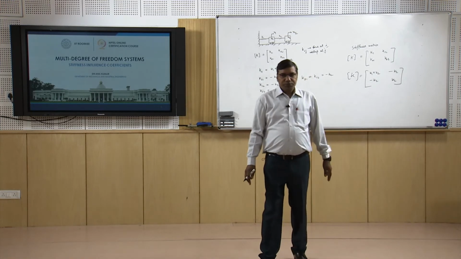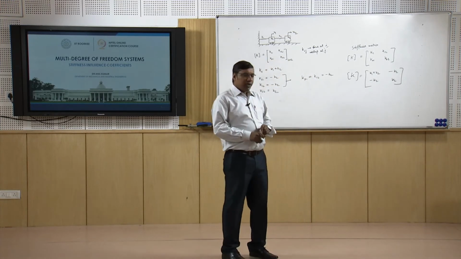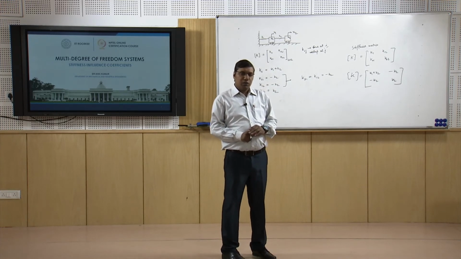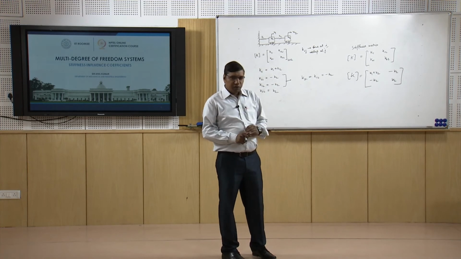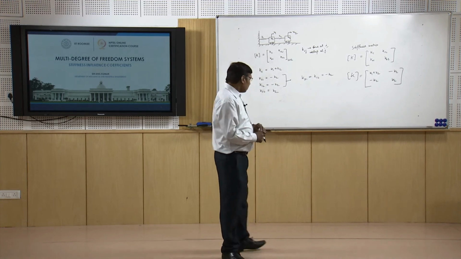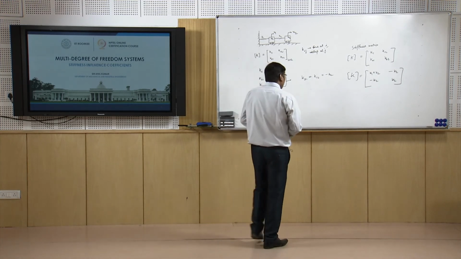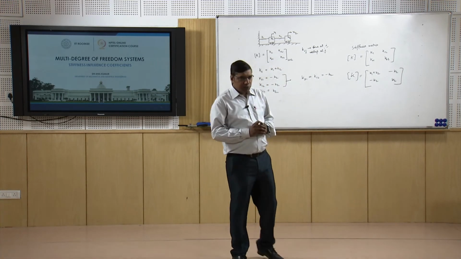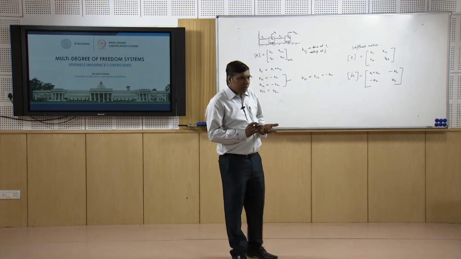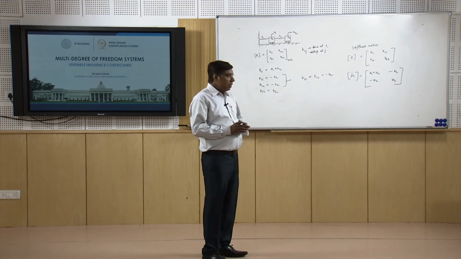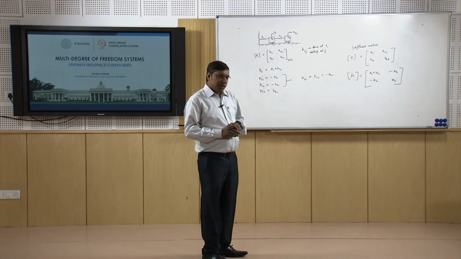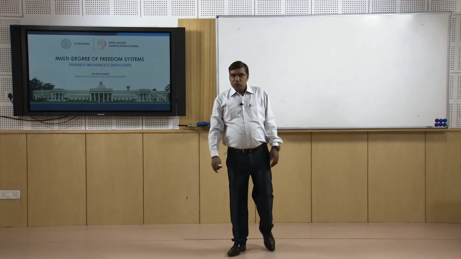So now we see how we can find the stiffness influence coefficients for a multi degree of freedom system, and according to the reciprocal theorem we can omit calculating several terms, and we can easily complete this stiffness matrix.